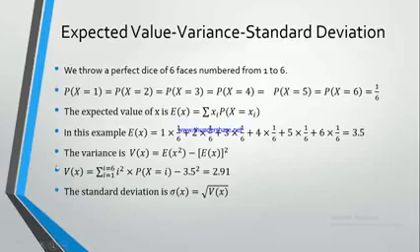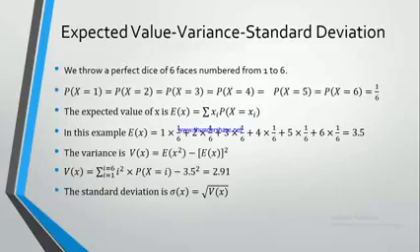And the variance is the summation, or the mean, of the distance of all the values of x compared to the expected value.